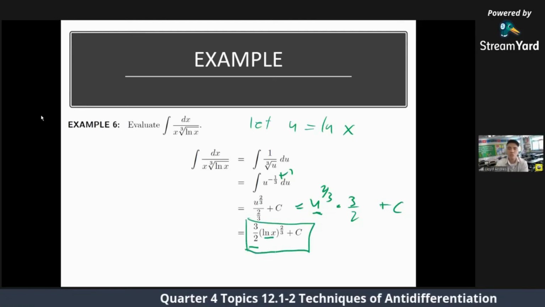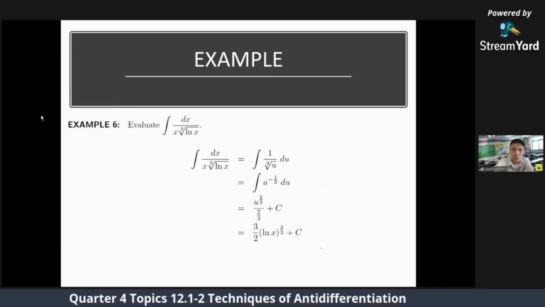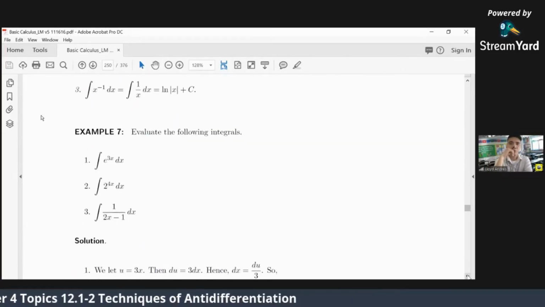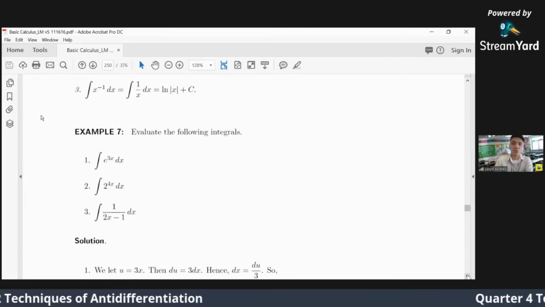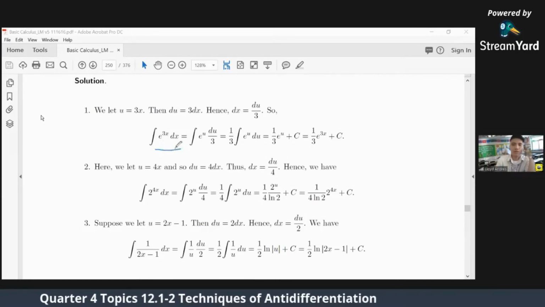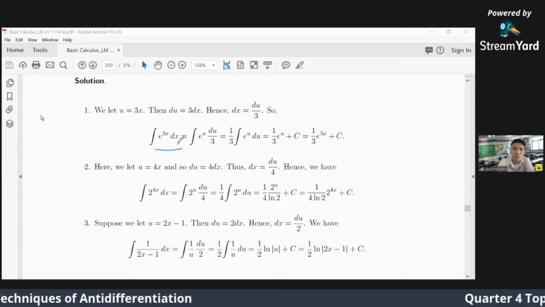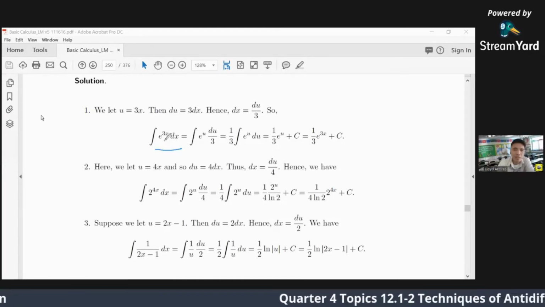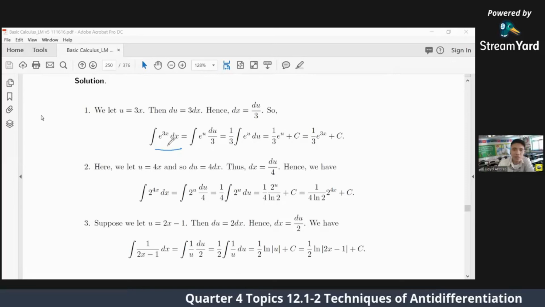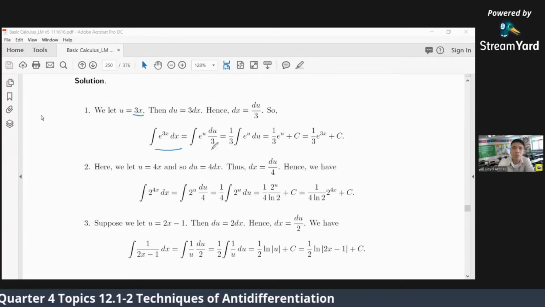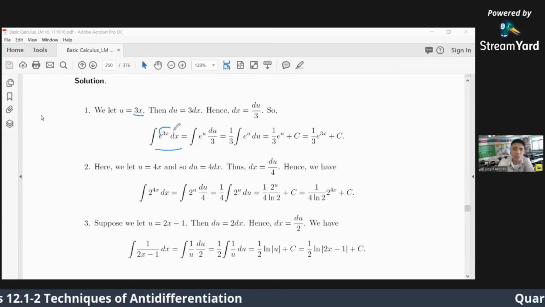So, that's example 6. So, mao ni ang example 7. So, we have 3 examples. We have here integral of 3x, e raised to 3x dx. So, ang gibuhat niya, gilet niya as u katong exponent niya, which is ang 3x.